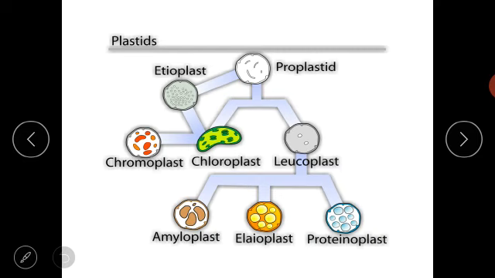There are other types of plastids that I have represented in the slide. Mainly you can see chromoplast, chloroplast and leucoplast, but there are still other types of plastids. Subtypes of leucoplast are amyloplast, which stores starch; elaioplast, which stores lipids and fats; and proteinoplast, which stores proteins.